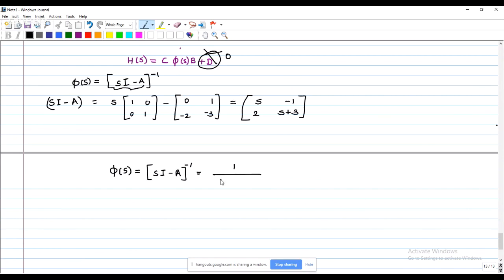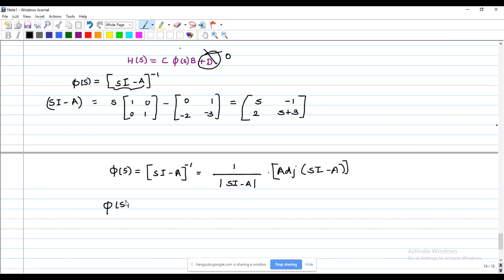It is 1 over determinant of SI minus A into adjoint of SI minus A. I hope everyone knows how to calculate this.